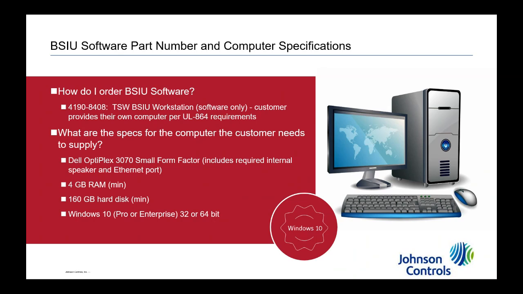So the PC that we used for testing is shown on the screen here. And as you can see, it's really nothing special. It's an everyday ordinary PC. So our recommendation is you see if we can get the customer's IT department to provide that PC. And we'll talk about the reason on the next slide.